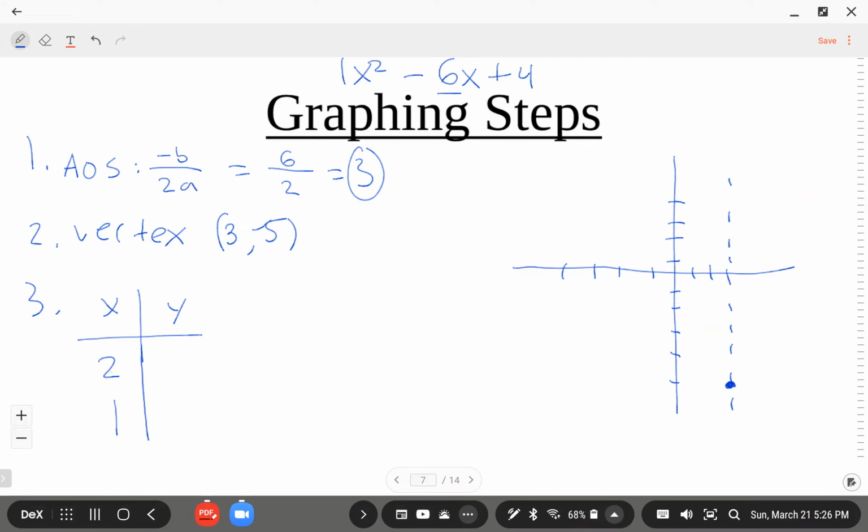So let's start with 2 right here. It's just going to be 4 minus 12 plus 4. It's going to be -4. And 1, plug 1 into our equation. 1 minus 6 plus 4 is going to be -1.